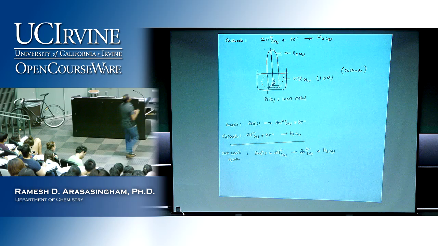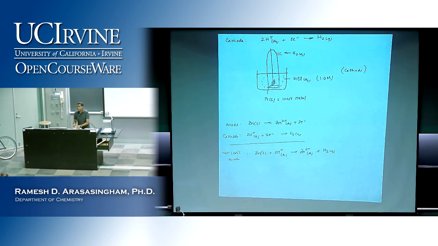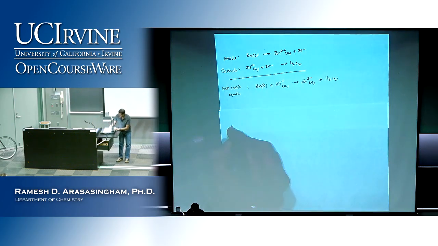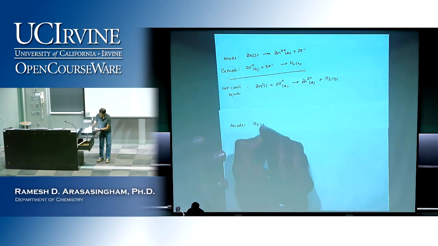Okay? Now you could also have it the other way around. So now let's take a different cell. The anode is where you have the oxidation. So now let's say we have the hydrogen electrode as the anode.